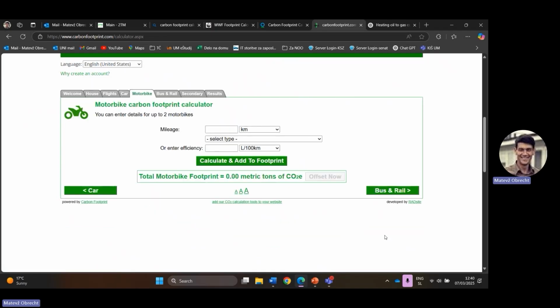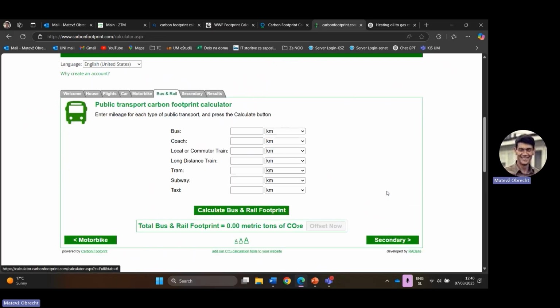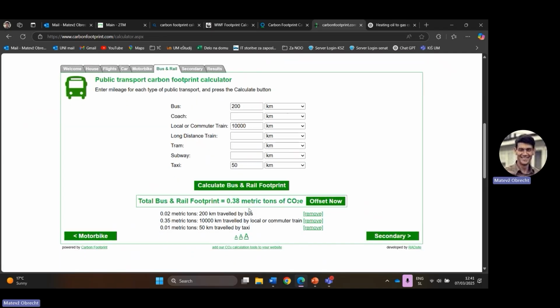Motorbike, I don't use a motorbike. If you do use a motorbike, you can put it in, otherwise not. Bus or rail, you can write down maybe how many miles you do on an annual basis, and how many kilometers you do with the train. With the train, I do quite a lot. Let's do it like that. Subway, maybe something with a taxi, and you can calculate that as well.